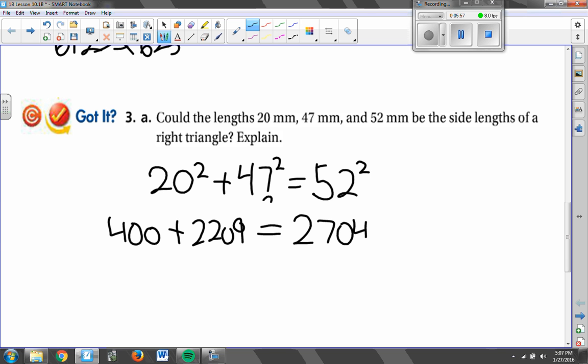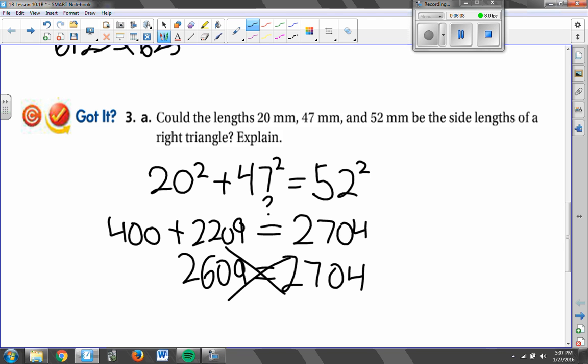So the question is, are these equal? 400 plus 2209 gives me 2609. Is that equal to 2704? No, of course not.